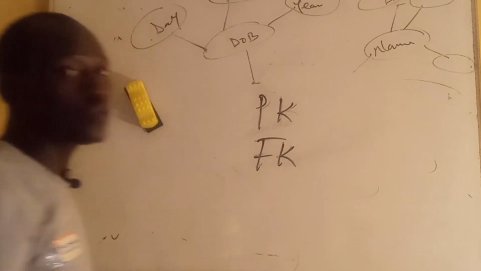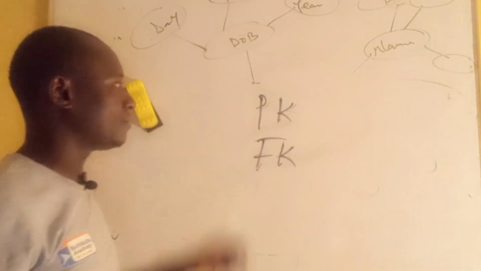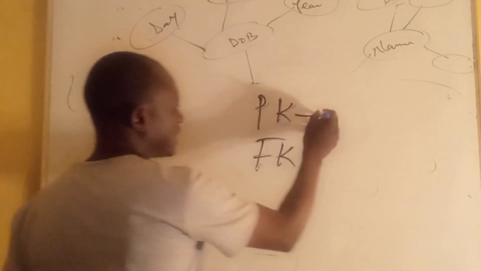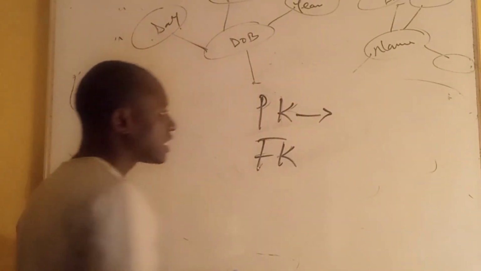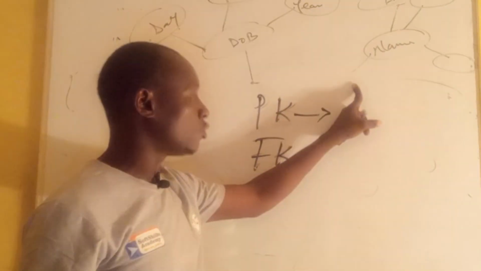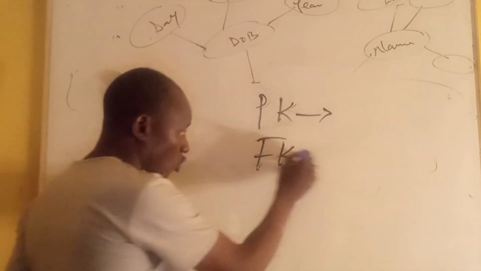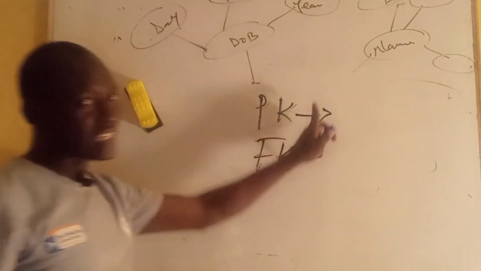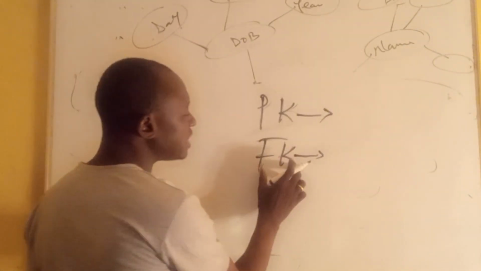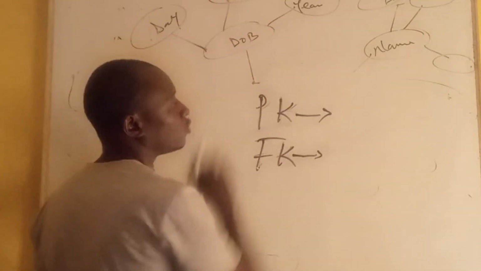So these two, we must work with them in database management system. This primary key is used to identify a record within a table. The foreign key also uses the same thing, but this references a record in another table.